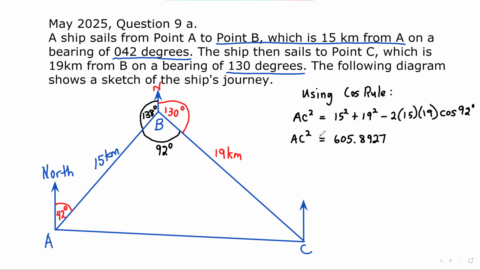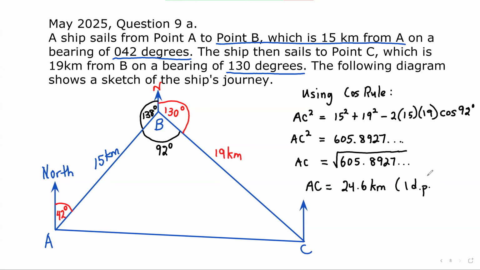And therefore, if AC squared is equal to that, then AC will be equal to the square root of that. So square root of 605.8927, and I'm going to put dot, dot, dot here because I didn't remove it from my calculator. Now I'm just going to press square root and press equal. So therefore, AC is equal to 24.6, and this is taken to 1 decimal place.